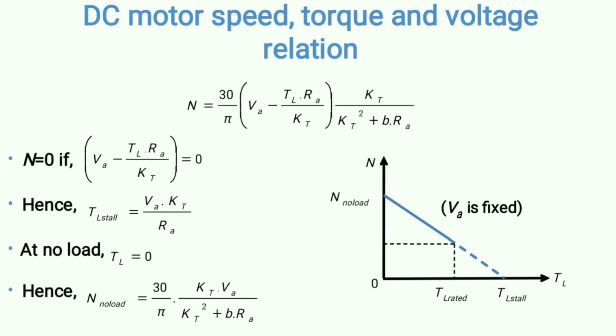So this is just a theoretical concept, because in a practical scenario it is not possible to go beyond the stalling torque, because even if you try to cross the rated load torque, the current will be very high, and your circuit breaker will disconnect the path, okay. So it is not possible to go beyond the stalling torque, okay. This is just the theoretical point of view.